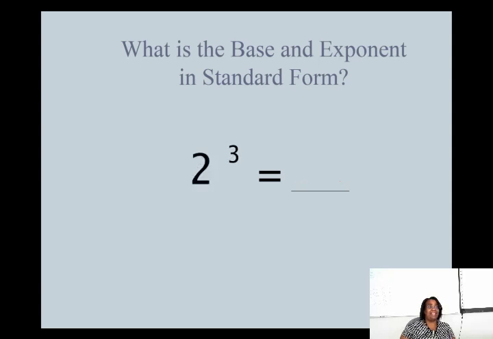It is not 6. 8, because 2 times 2 is 4, times 2 more is 8. 3 to the 2nd power, 9. 5 to the 3rd power, 125.